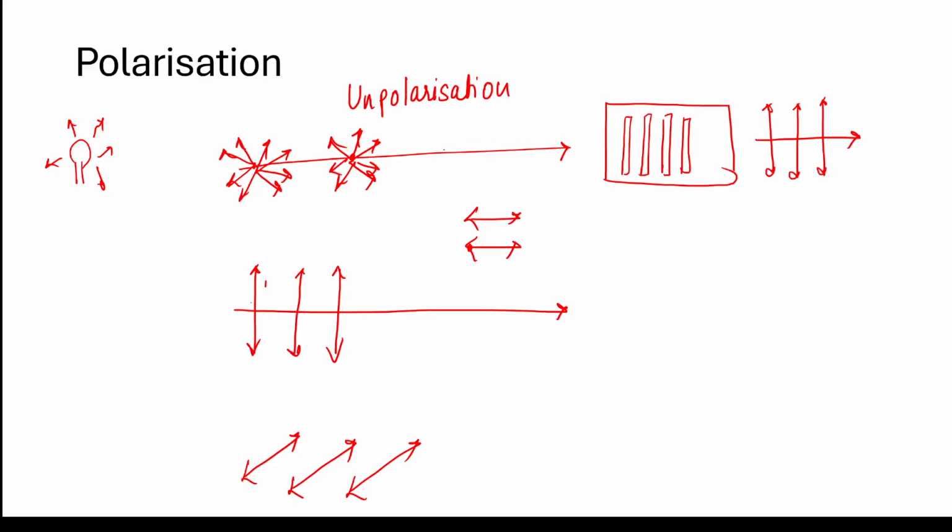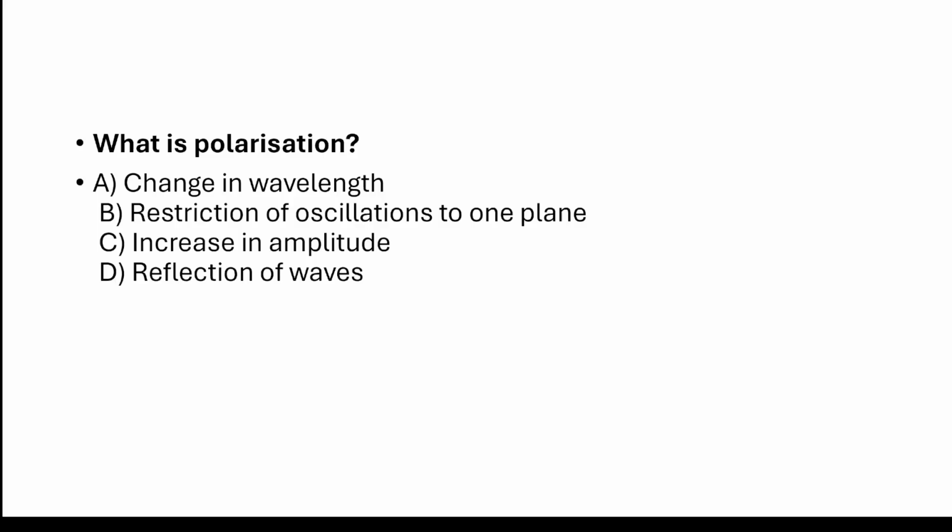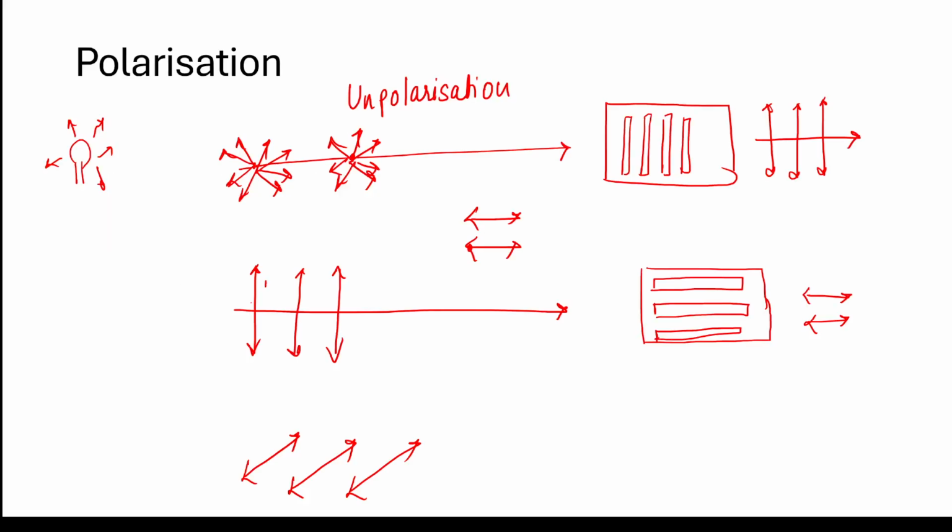Now, if I allow this unpolarized light to pass through a filter which has slits like this, then the light ray that comes out would have horizontal electric field vibrations. So when you restrict the vibrations of the electric field along one direction, that is polarization.